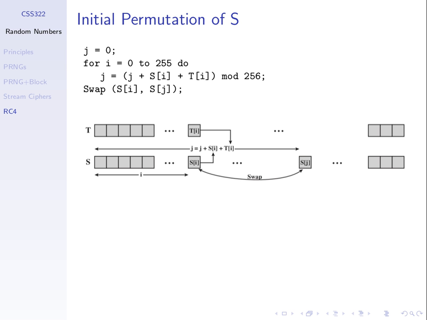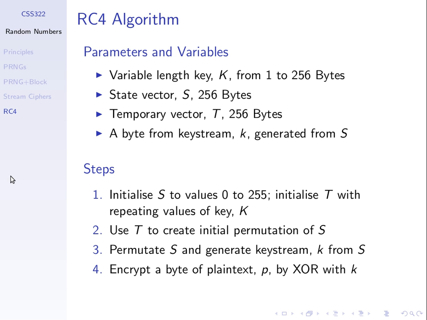If we keep going for the other values of i equal to 2 up to i equal to 7, you'll eventually get this value for S. That was step 2, which is just the initial permutation on S.